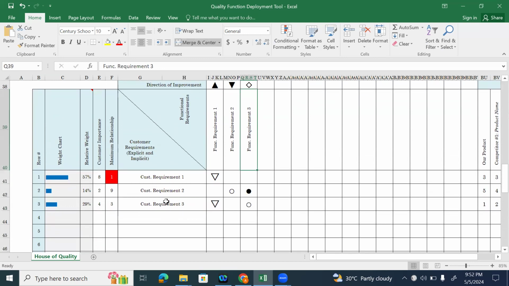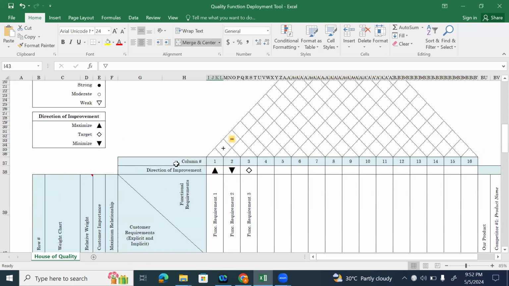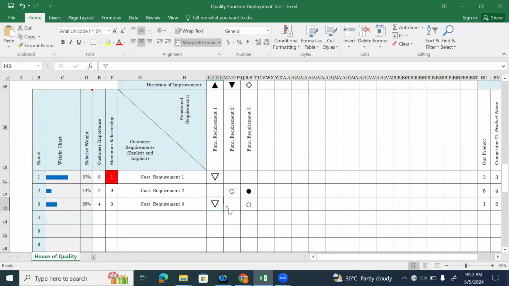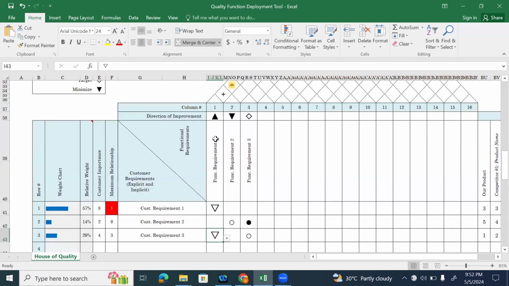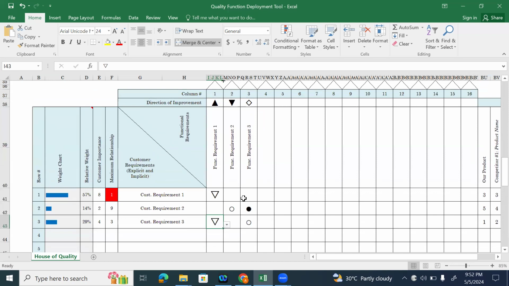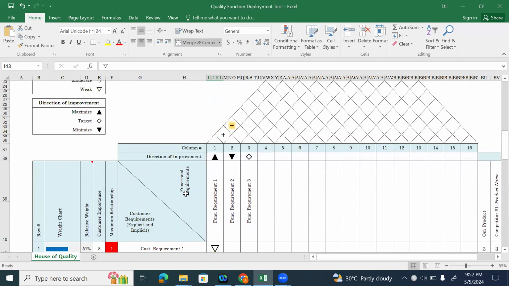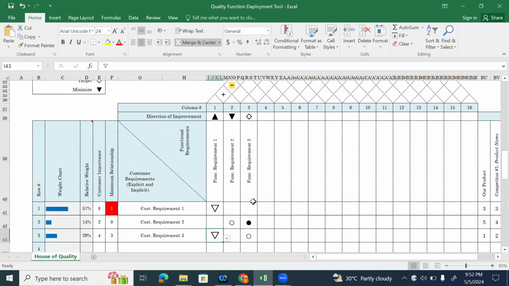And when I'm comparing the customer requirement three with functional requirement one, it is an inverted triangle, which means it's weak. So whenever there is a weak, you can see here there is always a scope for improvement. And whenever it is moderate, it is still okay. And we also have a point where it is meeting the target.